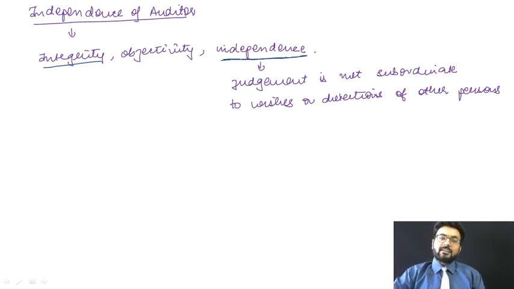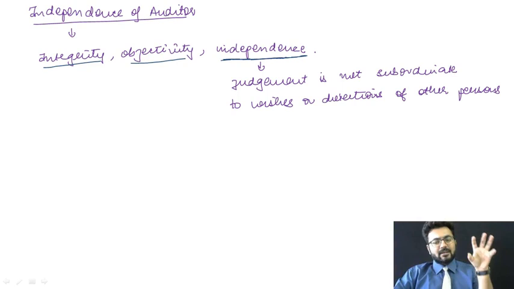Right? Objectivity refers to that audit is required to be kept in mind a particular objective that you are going to express your opinion. Now, there are few things. A chartered accountant is not going to give only a single kind of service. There are multiple other services also, so many services which may affect the independence of an auditor.